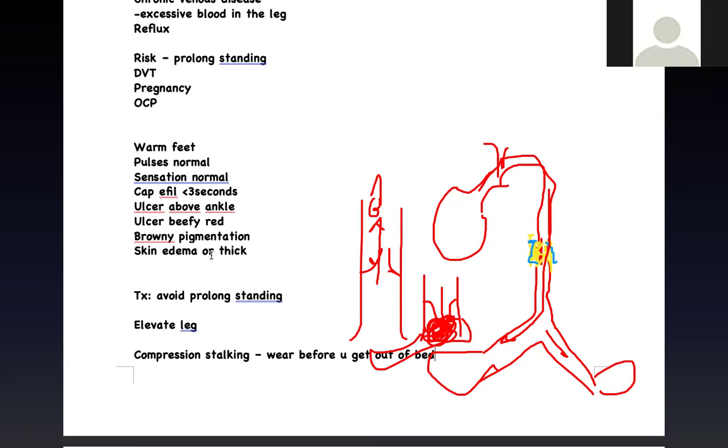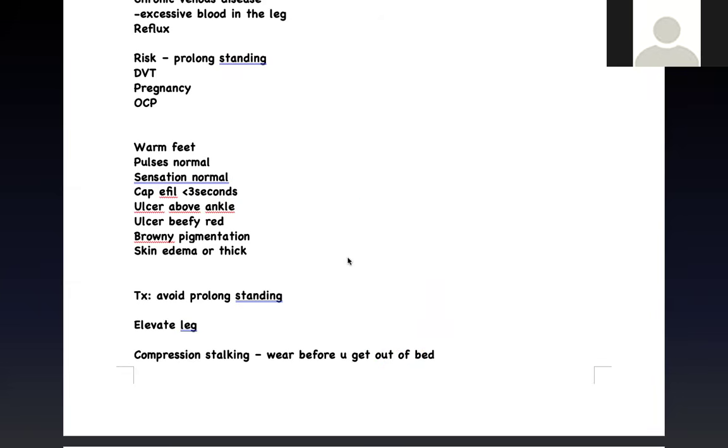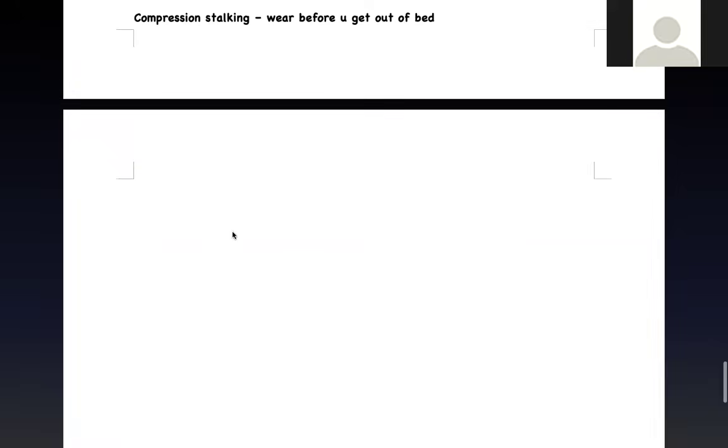So these are some of the things I want you to pay attention to. And this is all you need to know: peripheral arterial disease and chronic venous insufficiency. Trust me, they have nothing to ask you that I've not explained. Even if they give you a case, you'll be able to make it up. Promise you, if you watch this video, that's what you get.